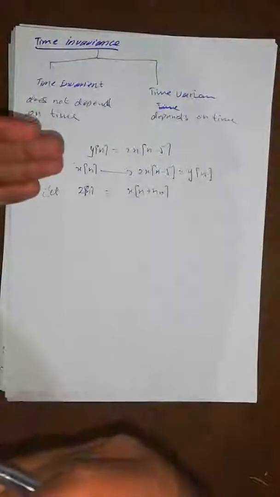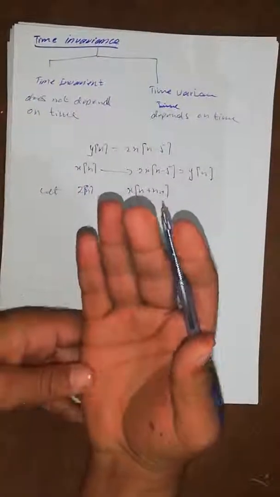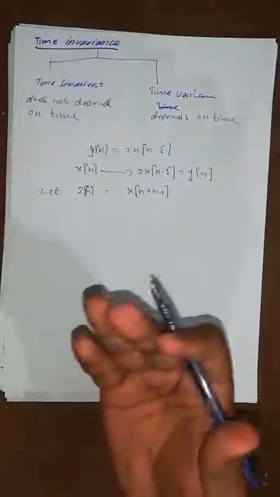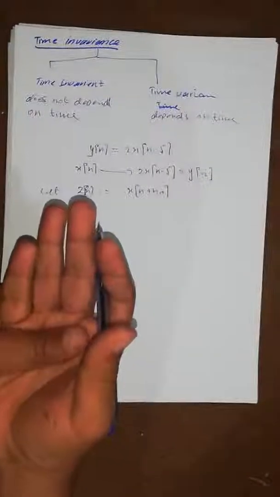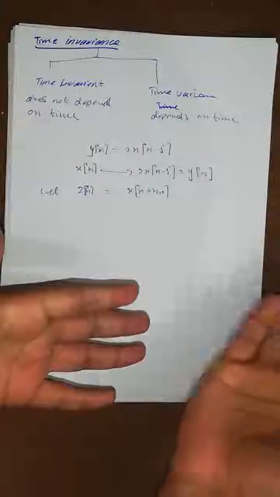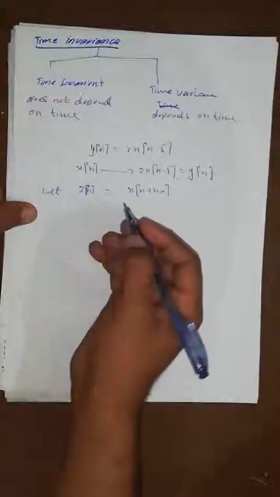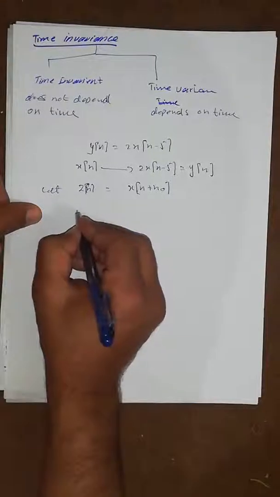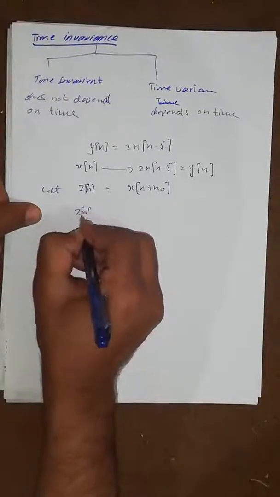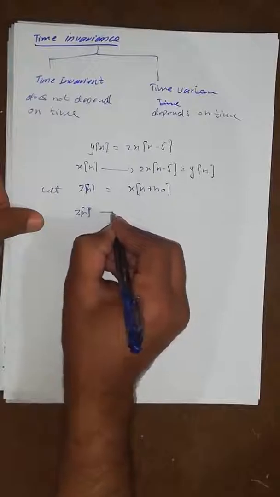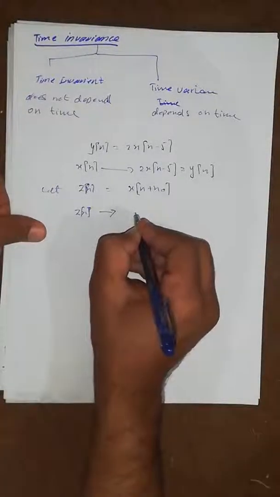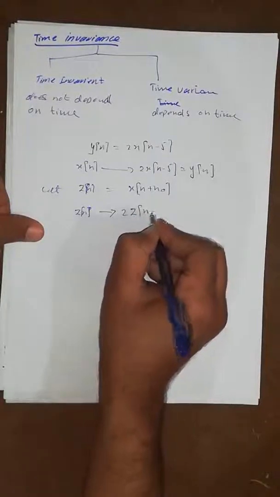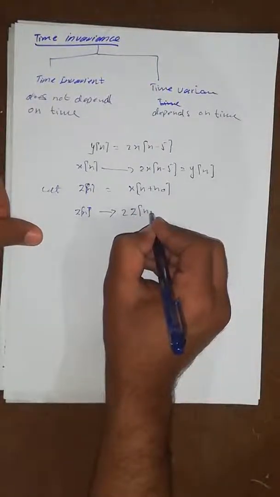If time shifting is the same, then we say that it does not depend upon time. It is invariant. If time shifting is not the same, we say that it depends upon time. Now z of n passes through the system and gives the output 2 z of n minus 5.